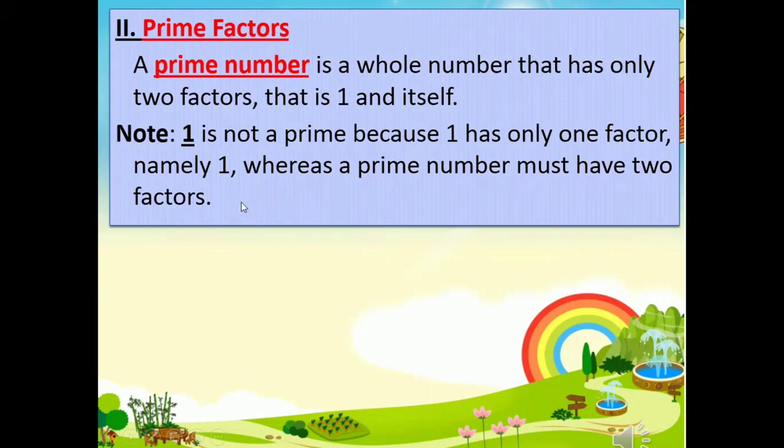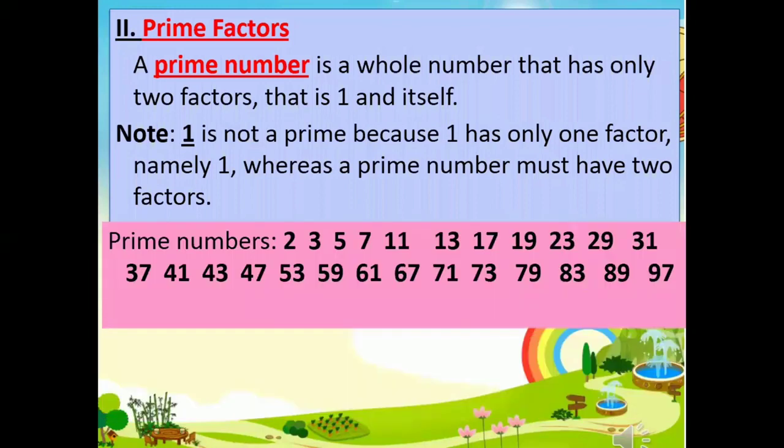So what are the prime numbers? Here we have the list of prime numbers. There are 25 prime numbers from 1 to 100. Okay, so students, please memorize all these prime numbers.